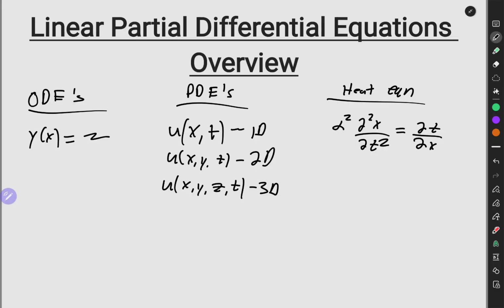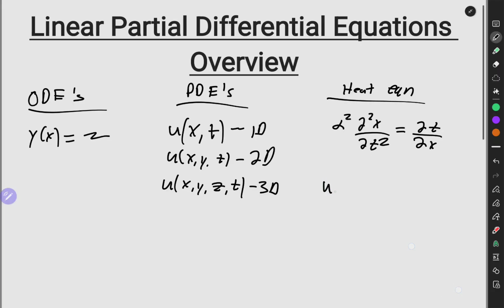So our goal is to find, given the conditions that we put into it, like say we heated it at the ends, that's a boundary condition. But we might also have an initial condition as well. With those, we want to solve for some u of x and t, which will give us the heat diffusion at some location x on the rod at some time t.